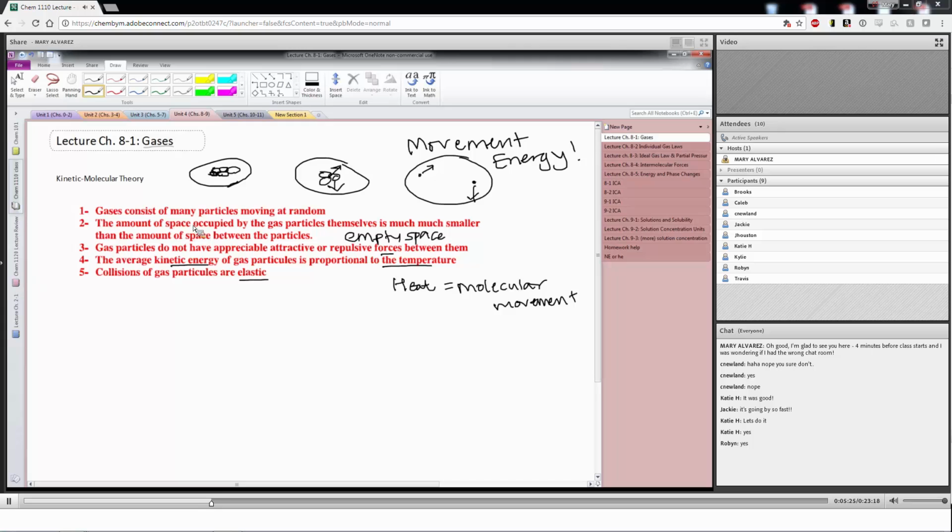The fact that gas particles occupy a much smaller amount of space than the amount of space between the particles, that's just to say, if we look at this, we see we've got two little dots, and then mostly it's just empty space.